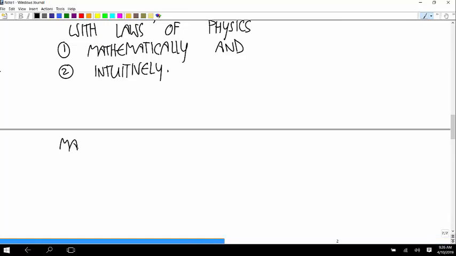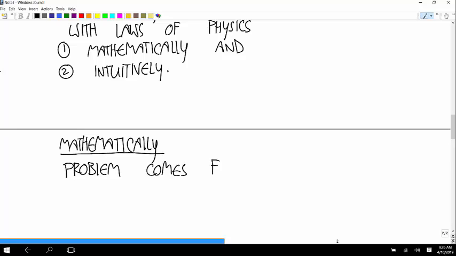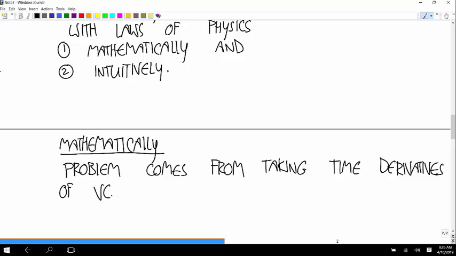So mathematically, the problem comes about when you take time derivatives of any kind of vector in your coordinate system.